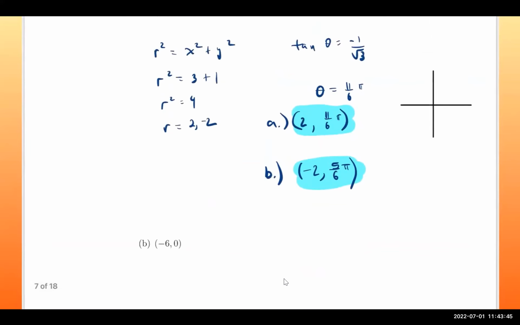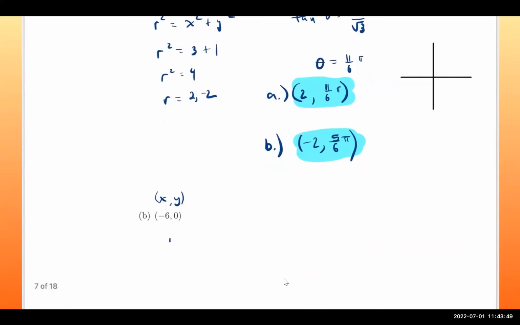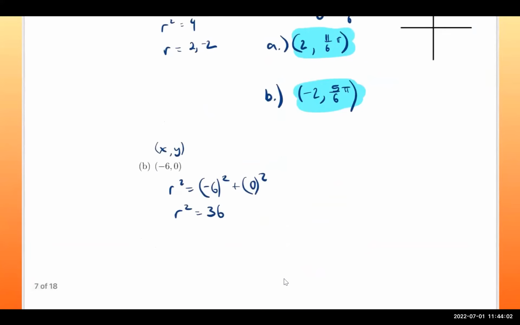All right, let's move on to the next part. Same directions. This is x comma y. So we're doing the same thing that we just did earlier. R squared is going to be x squared plus y squared, which is 36, which means r is plus minus 6.